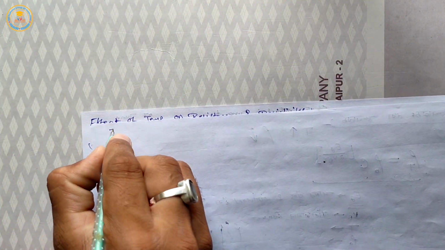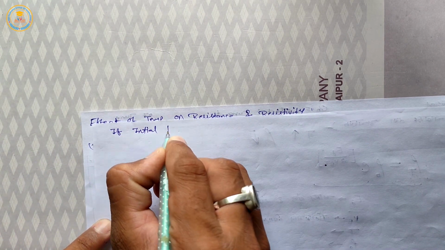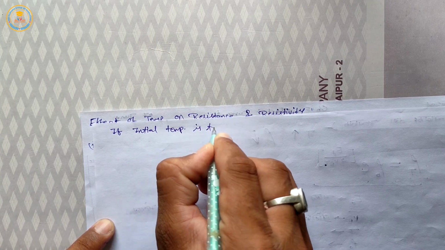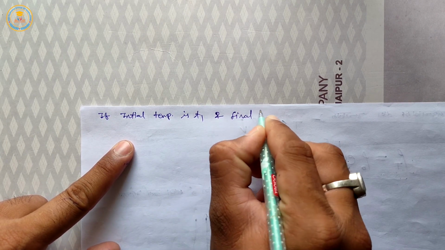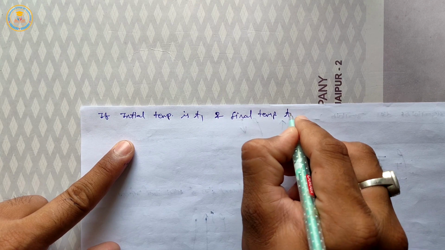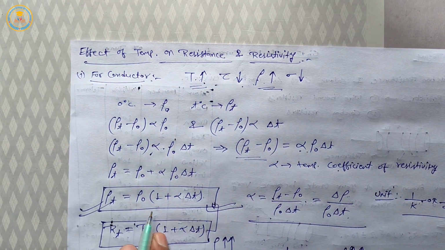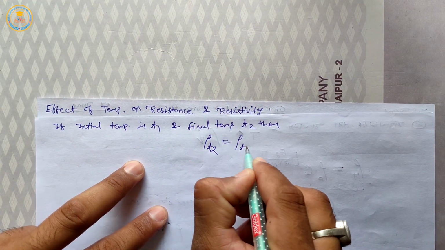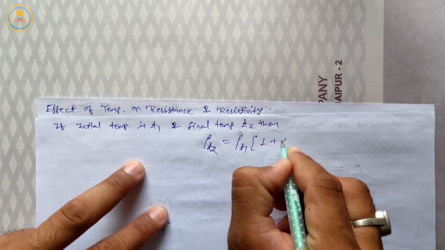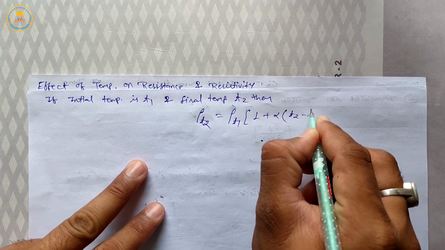Okay students, now if we take another condition, where the initial temperature is T1 and the final temperature is T2, then from this equation rho T2 is equal to rho T1 times 1 plus alpha del T, where the temperature interval is denoted by T2 minus T1.